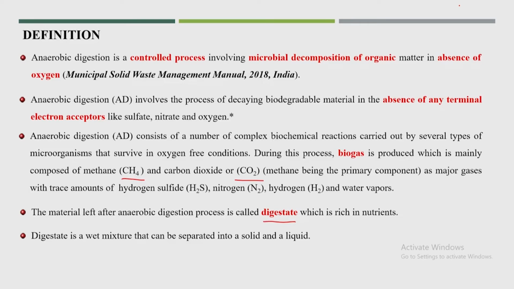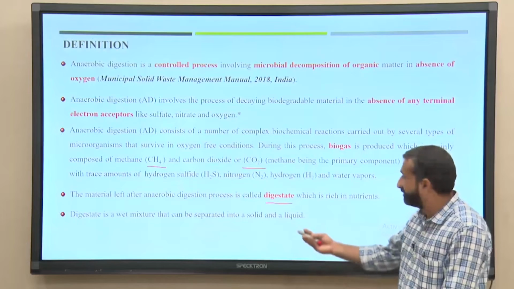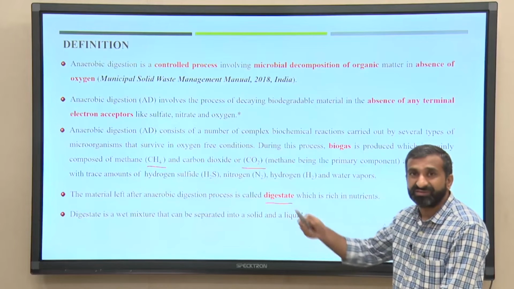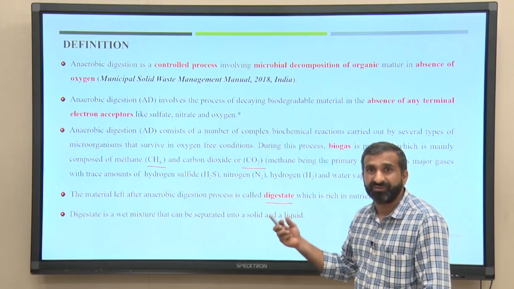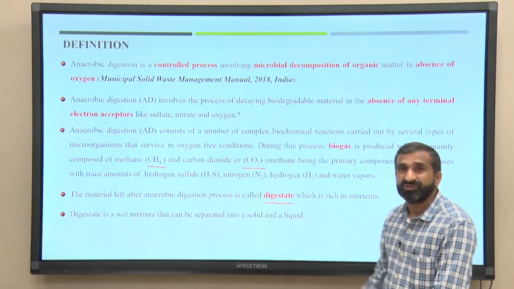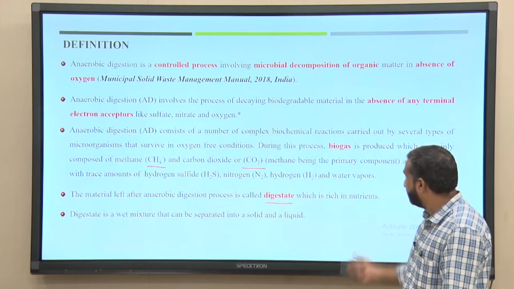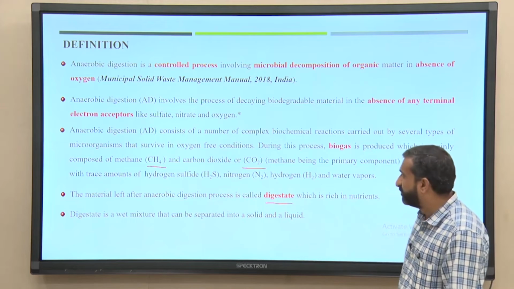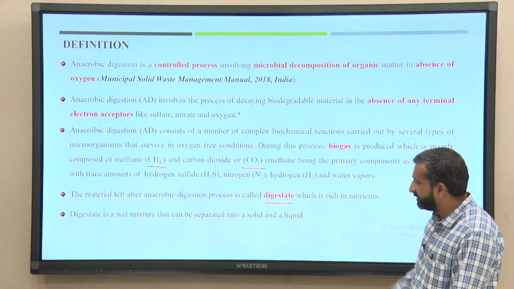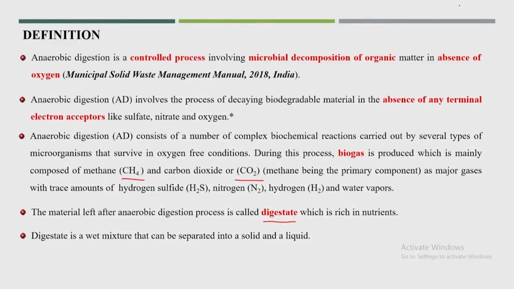Many literature sources suggest that the outlet from the anaerobic digestion process can be used as compost or as a fertilizer, because it is rich in nutrients. Digestate is a wet mixture that can be separated into solid and liquid.